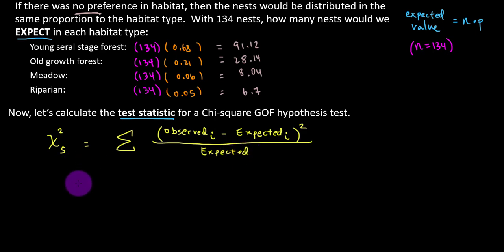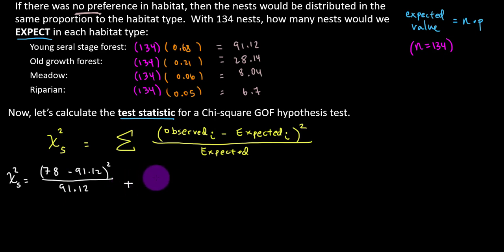Let's see this pan out for this example. We'll start with the young seral stage forest, and if you rewind, you'll see that there were 78 nests observed in that habitat type. However, 91.12 were expected. We will square that difference and divide by 91.12.